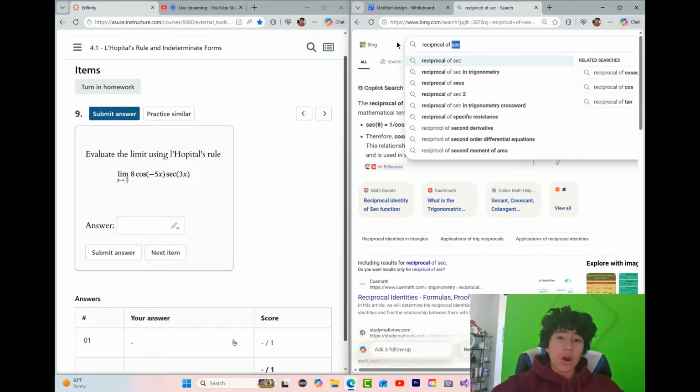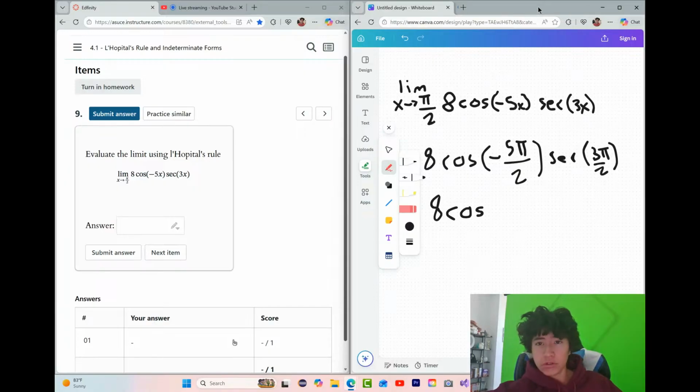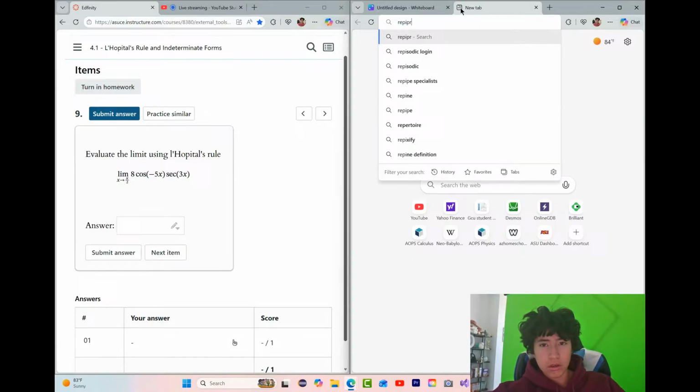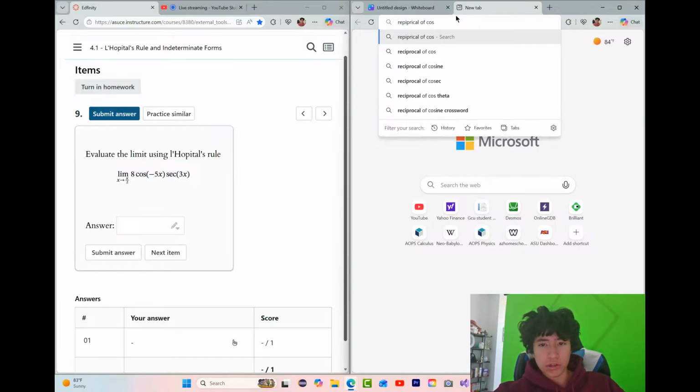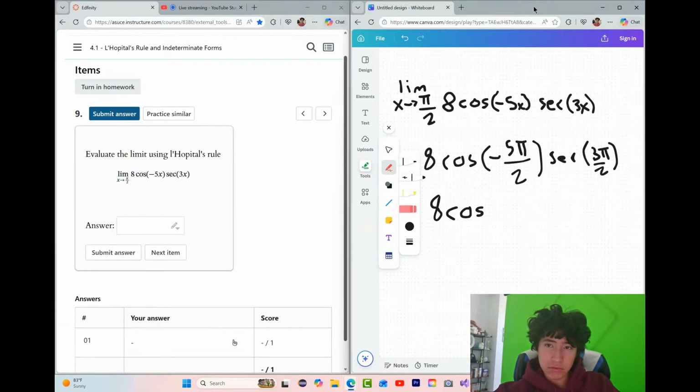Secant equals 1 over cosine, so yes, that makes complete sense. But we want a quotient, and the reciprocal of cosine is secant. Inverses, whatever, it's fine. Let's just do secant and see where we get.